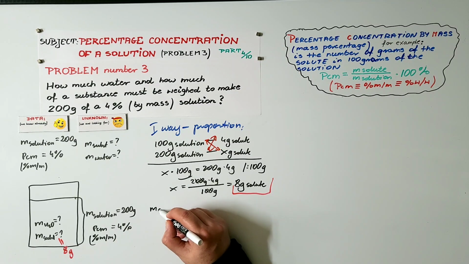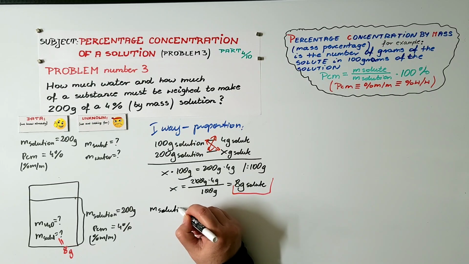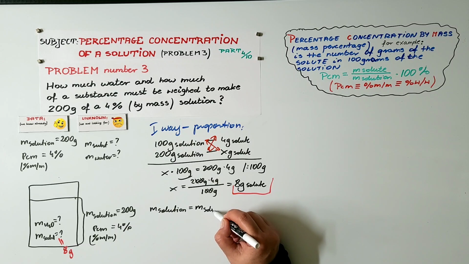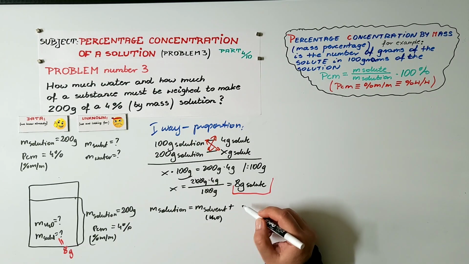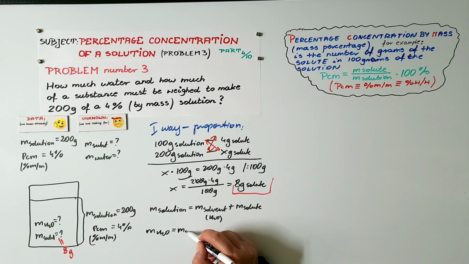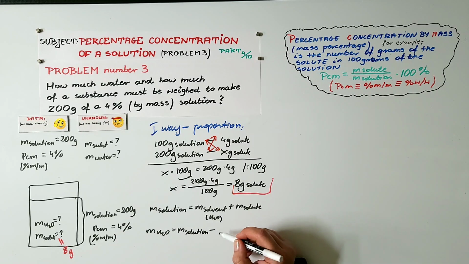So mass of solution is mass of solvent, in our case water, plus mass of solute. So mass of water equals mass of solution minus mass of solute.